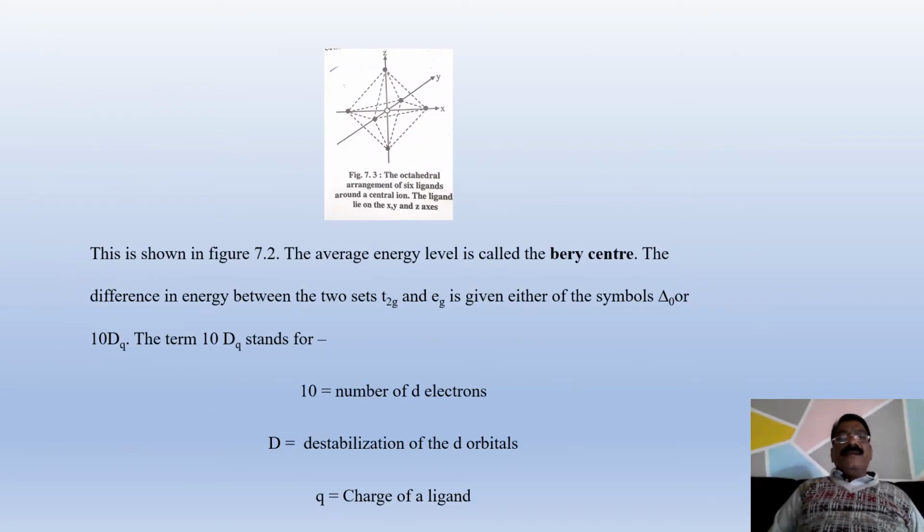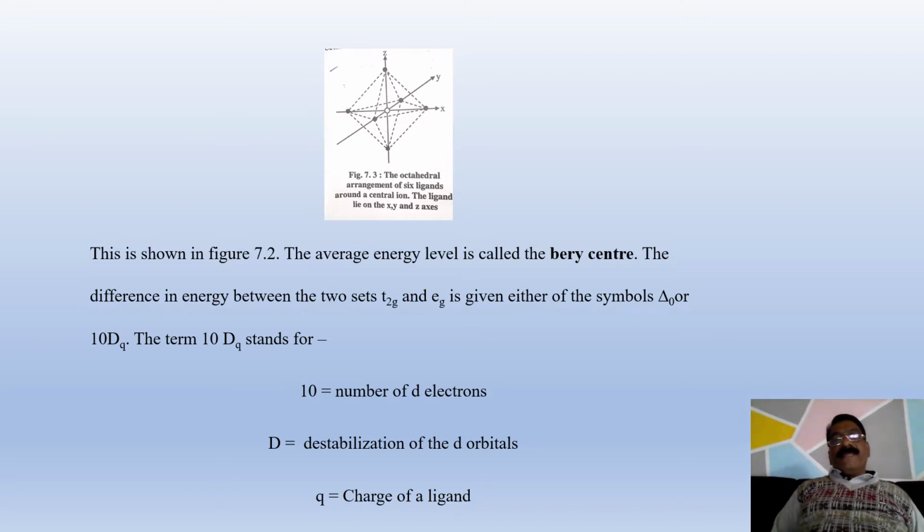See here in the figure, at the center, the hollow circle indicates the central metal and the solid circles indicate the ligands. On the x-axis there are two ligands, on the y-axis there are two ligands, on the z-axis there are two ligands.